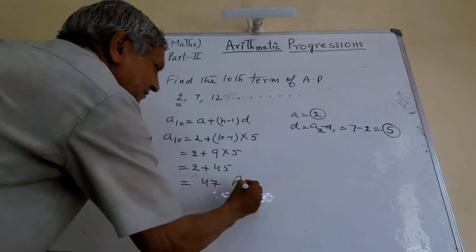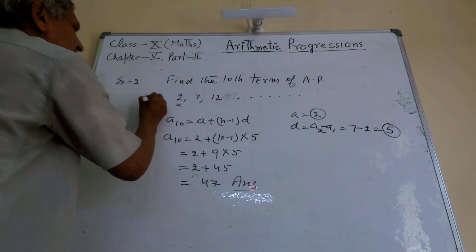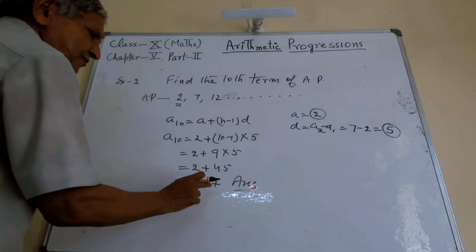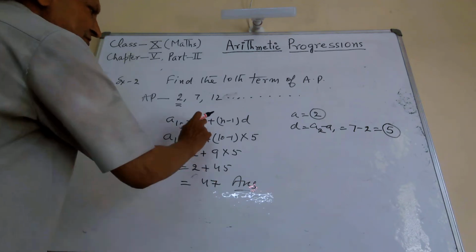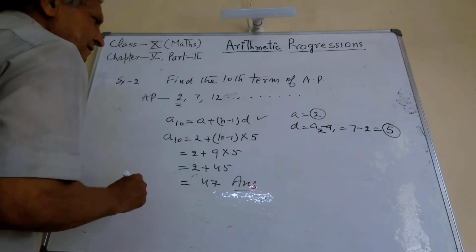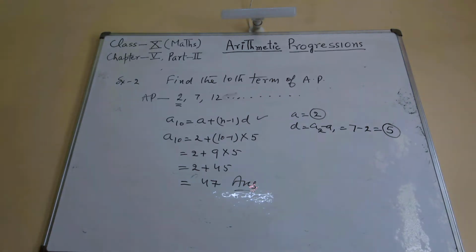This is the answer. So the 10th term of this AP series will be 47 by this formula an is equal to a plus n minus 1 into d. Now, third question.